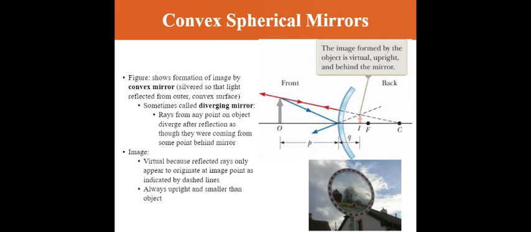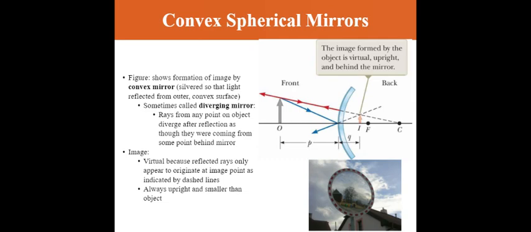And because incident light rays actually diverge away from the surface, it looks like the reflected rays are coming from behind the mirror. And that means then that all reflections created by convex mirrors are virtual, because the reflected rays only appear to originate behind the mirror.